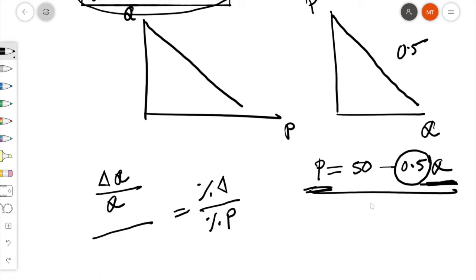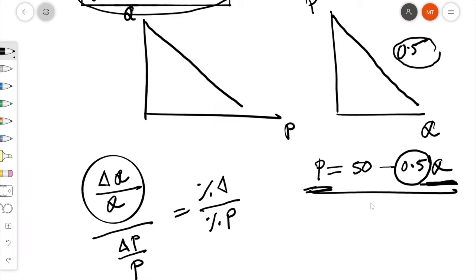So the percentage change in quantity is equal to the change in quantity divided by quantity, divided by the change in price divided by price. So elasticity shows the percentage change in quantity divided by the percentage change in price, whereas the demand equation shows the absolute change in quantity due to changes in price.